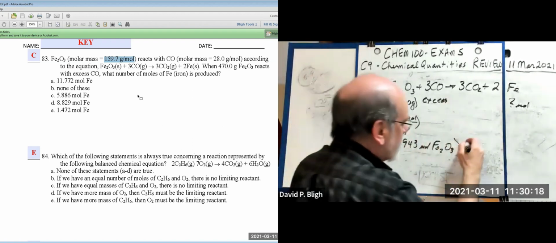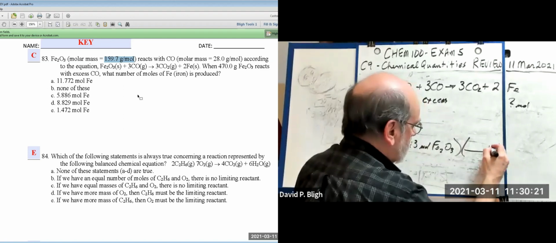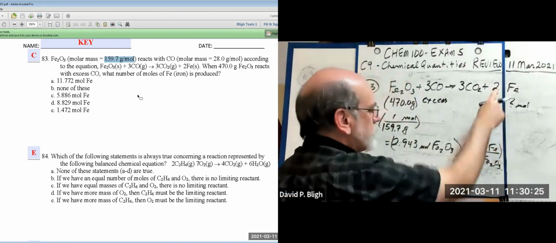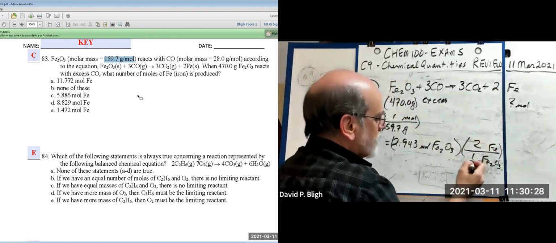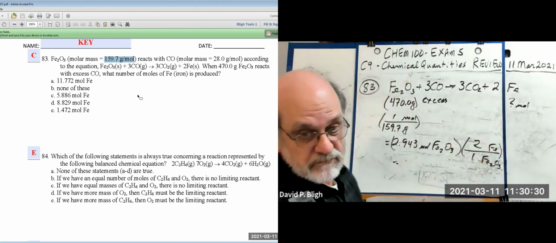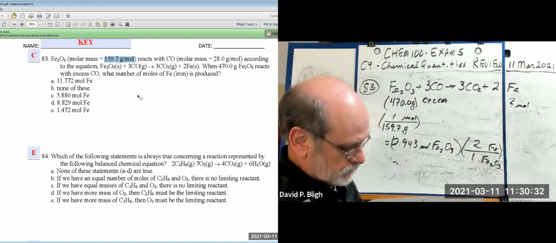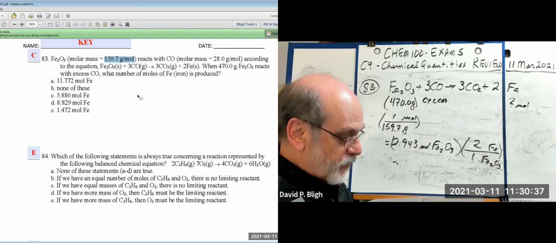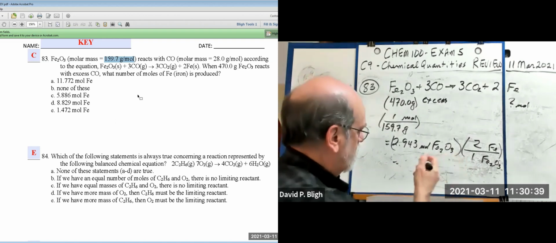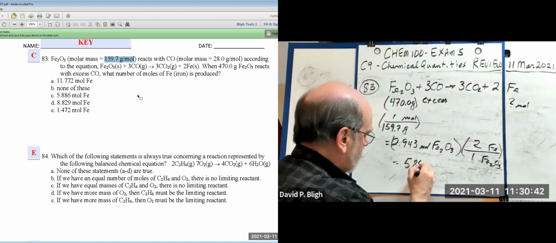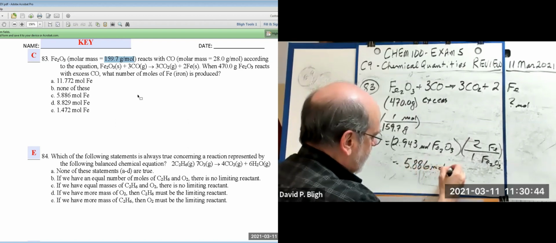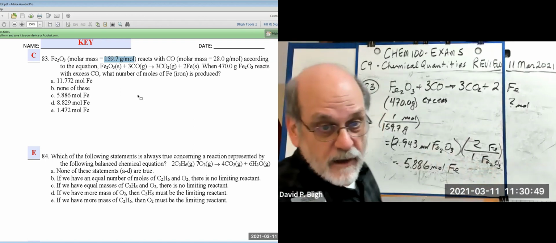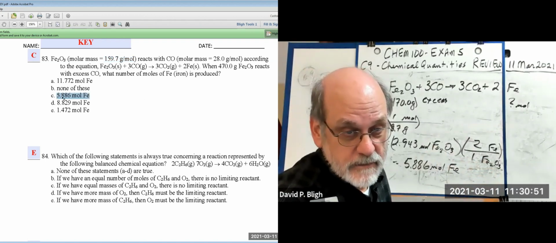Then we want to convert that to iron. So the ratio is 2 irons for every one of these. So it's just 2 times that. 5.89, 4 places, 5.886. Cancel these 2. Okay, so there's your answer. C.